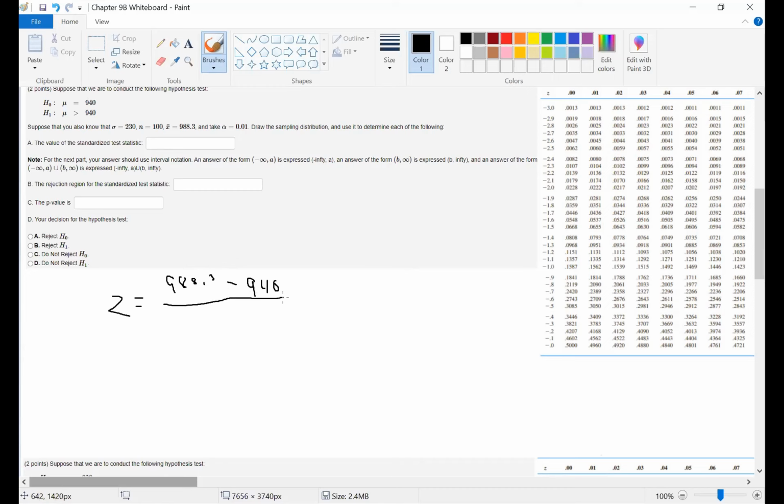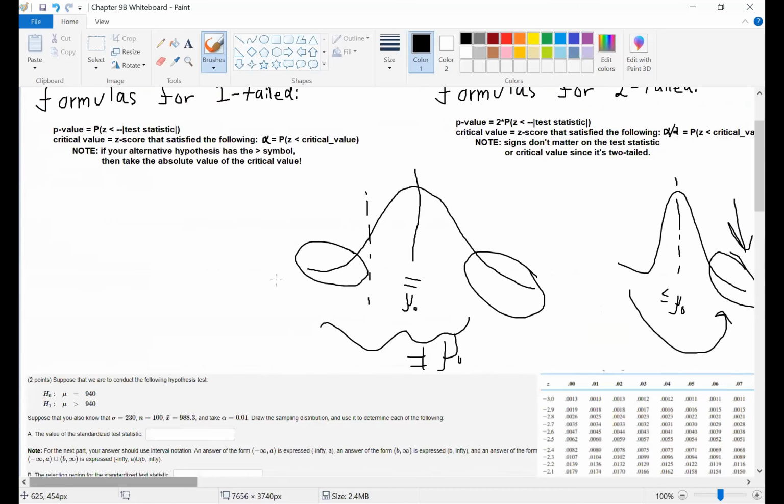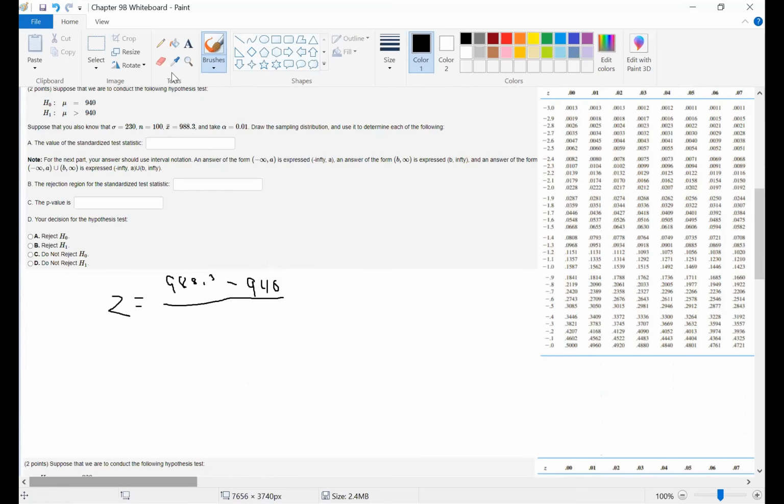And then we divide this by our population standard deviation over the square root of our sample size. The population standard deviation is 230, and our sample size is 100.